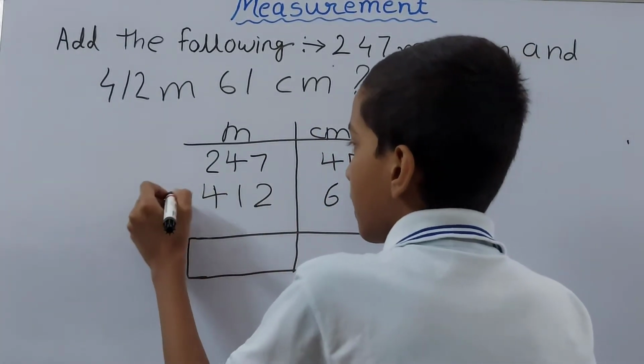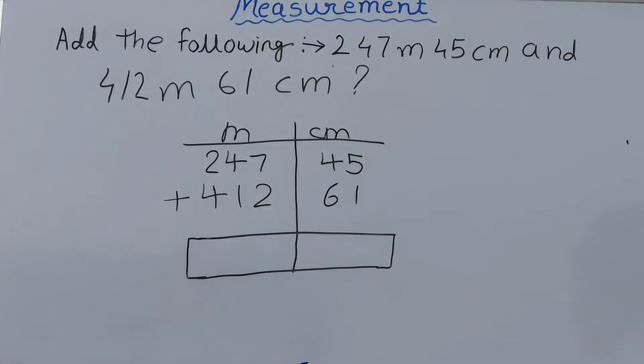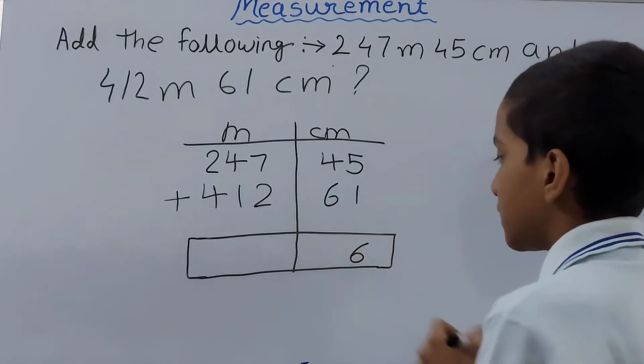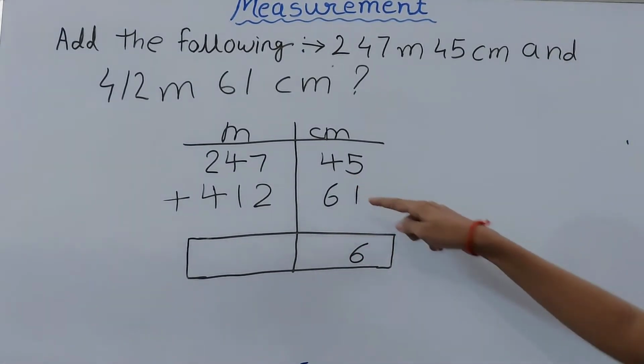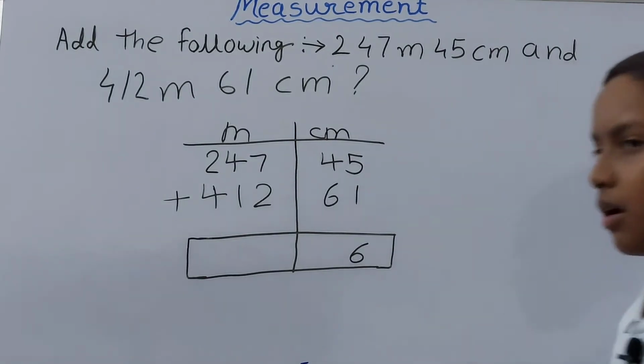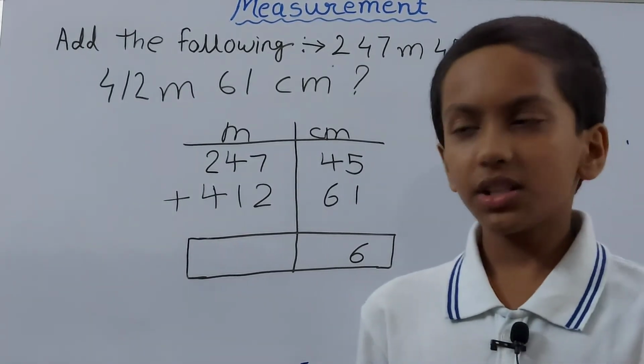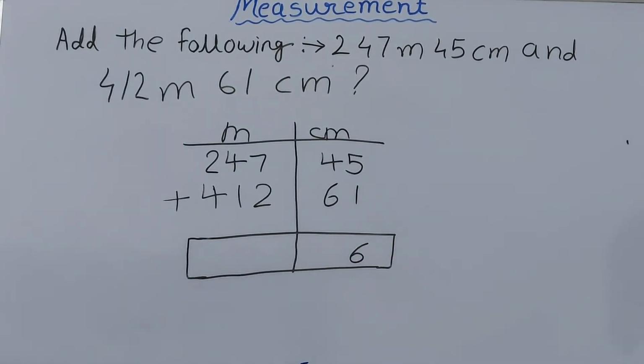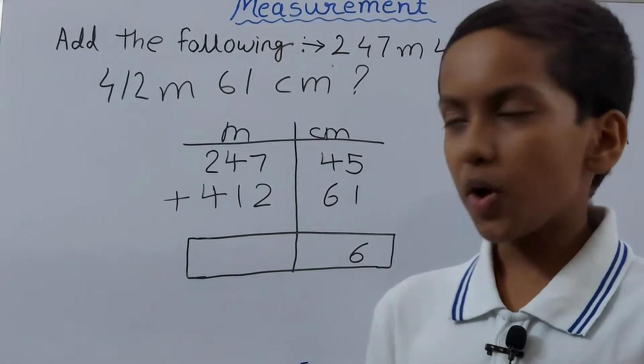Okay. And now just add. This is very simple. So let's add these numbers. 5 plus 1, that is 6. So 6 here and 4 plus 6 is 10. But friends, we cannot write the whole 10 in here because you know 100 centimeters make 1 meter.